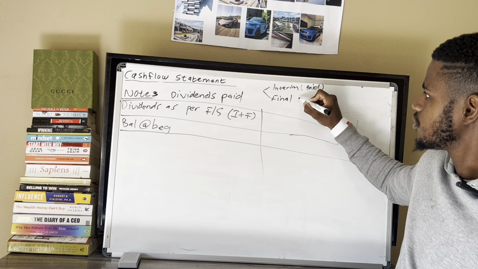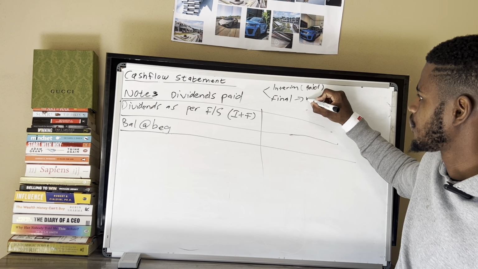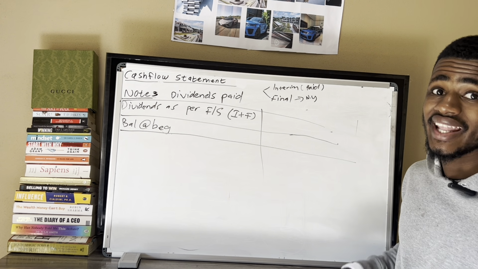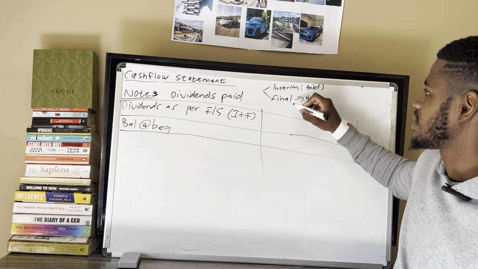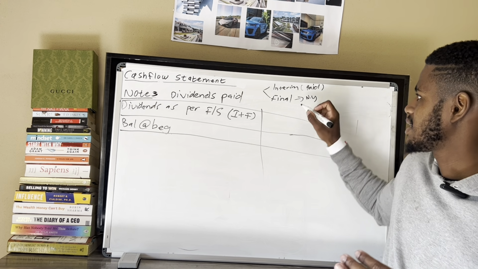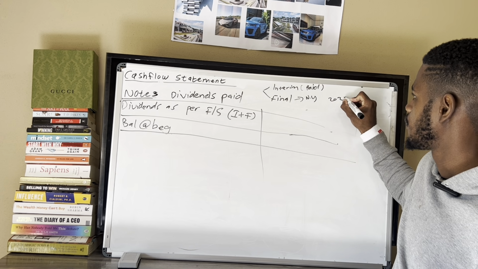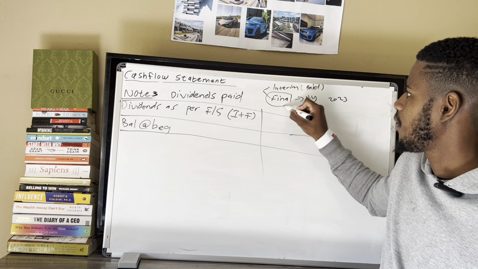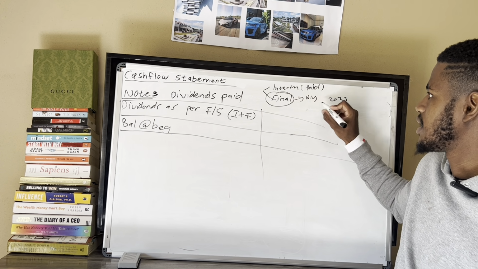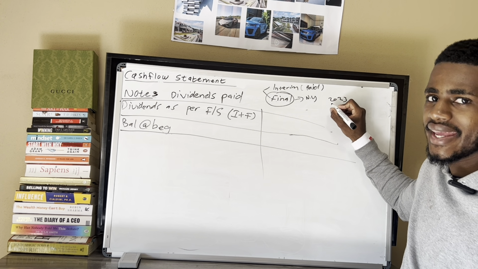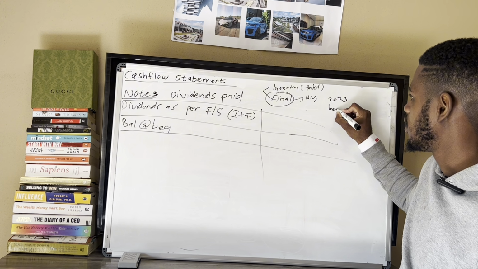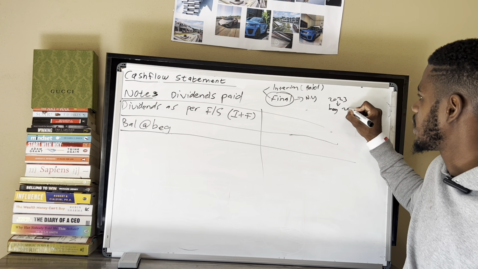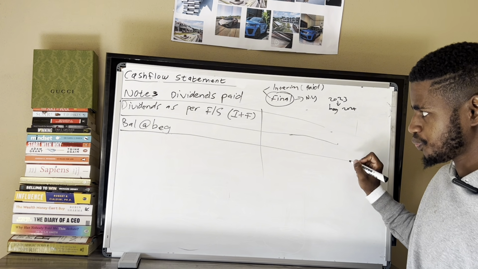So this one here will only be paid next year when the year begins, which means that if last year was 2023, our balance for final dividends will only be paid at the beginning of 2024.